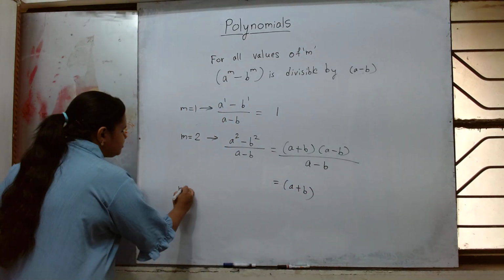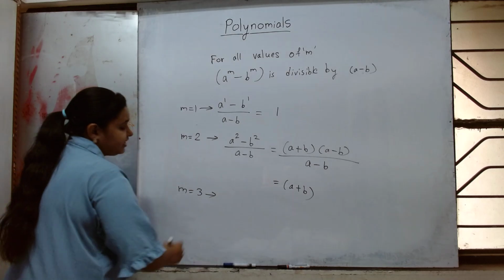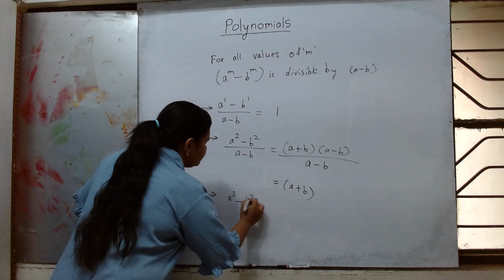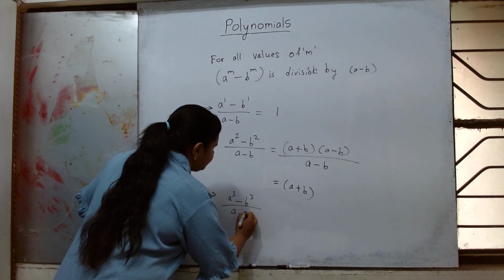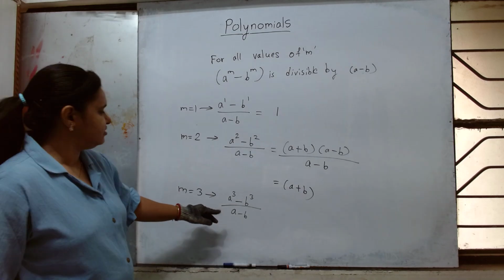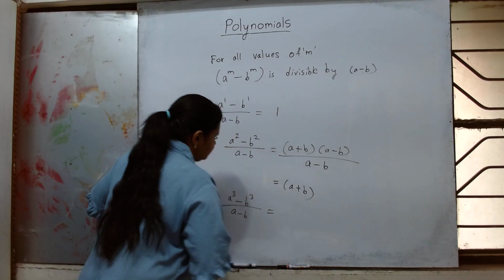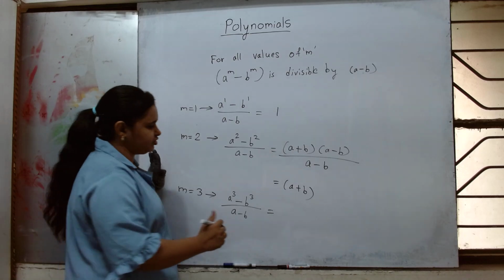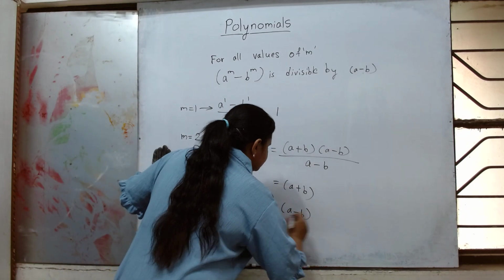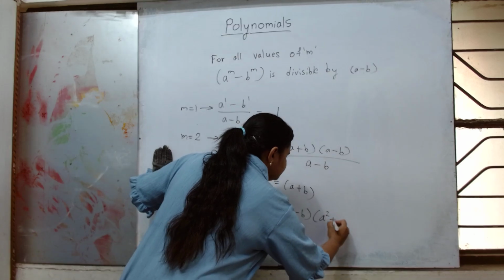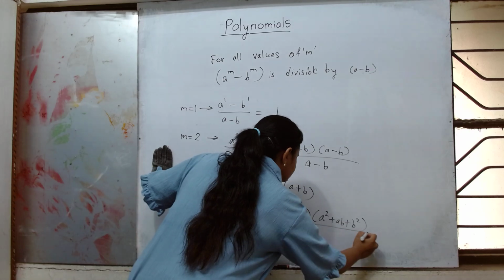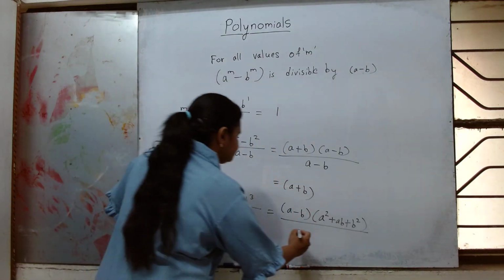Now for m equals 3, it will be a cube minus b cube upon a minus b. For a cube minus b cube, the formula is a minus b in one bracket, and in another bracket a square plus ab plus b square, upon a minus b.